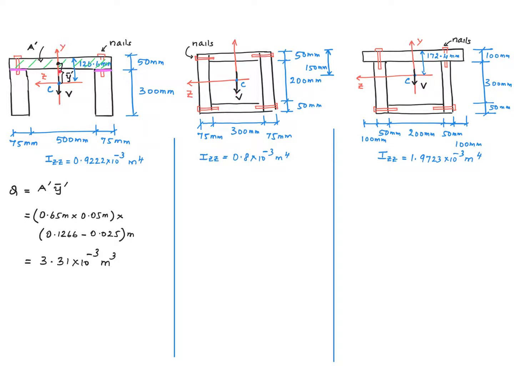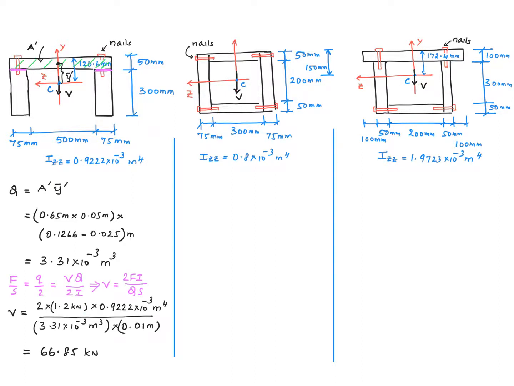So that's this distance right there. That'll be 126.6 millimeter minus half of this distance right there, right? So that'll be 25 millimeters. That converted to meters is what I have over here. So Q is calculated to be 3.31 times 10 to the minus 3 meter cubed for this section right there.